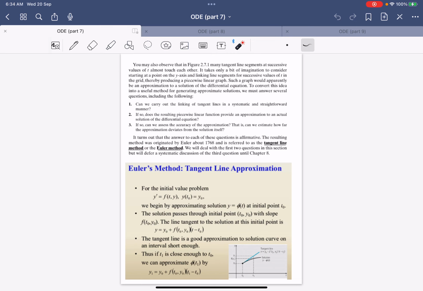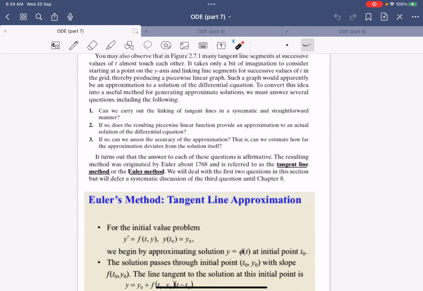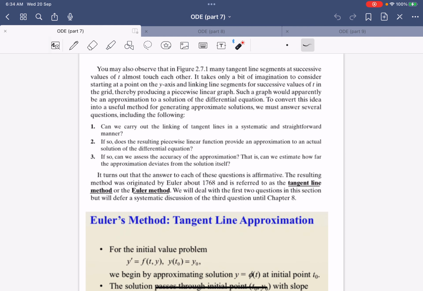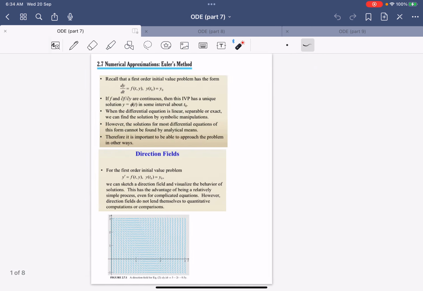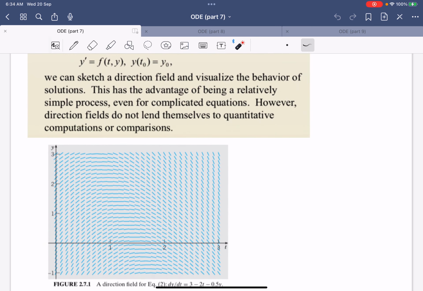But if you realize subtly, if you consider a point and then you start linking these tangent line segments together, you'll produce a piecewise linear graph that actually resembles the solution for the ODE. For example, if you look at this direction field, if you just link all the lines together, maybe you get a curve like this over here.